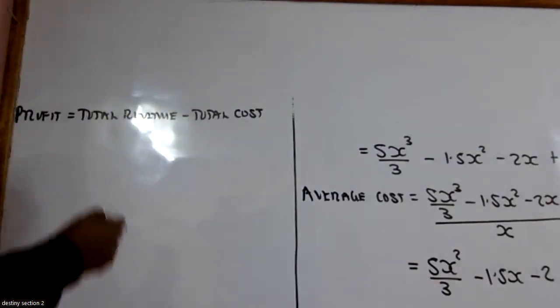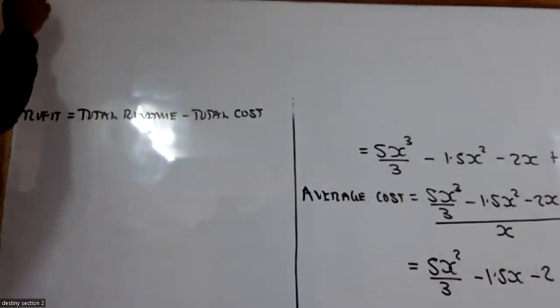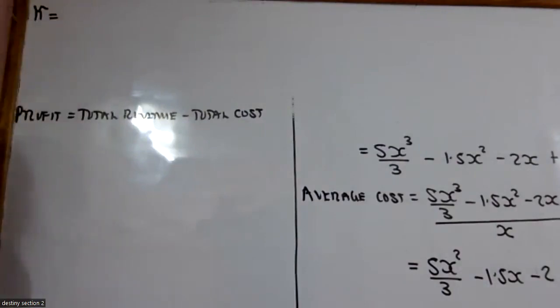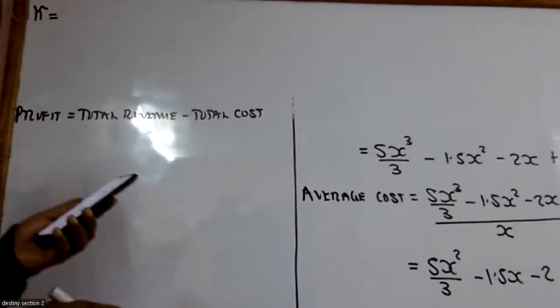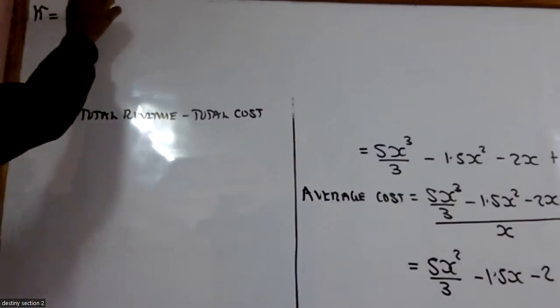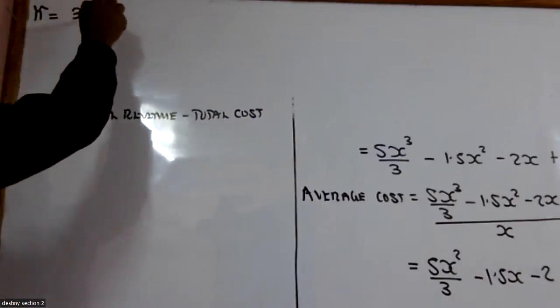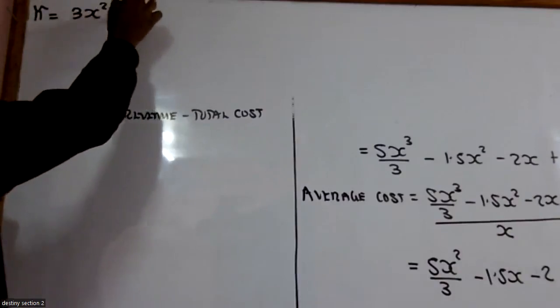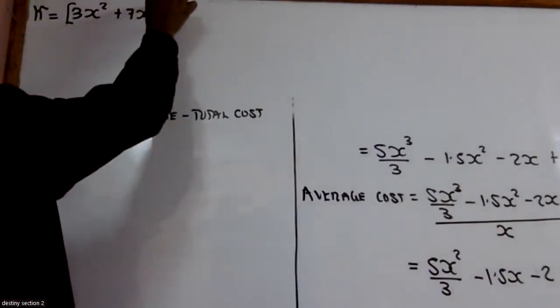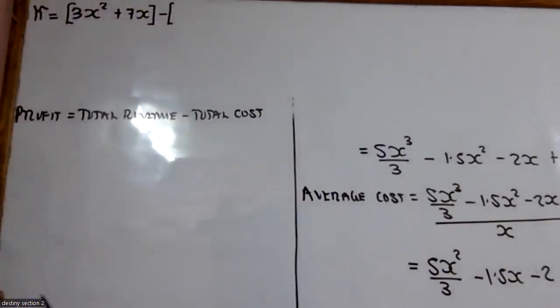So we know that profit is denoted by pi. So pi is equal to the revenue. Revenue is 3x squared plus 7x. That is the revenue, minus the total cost.